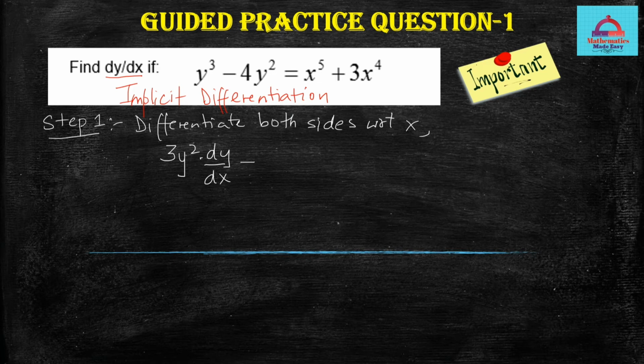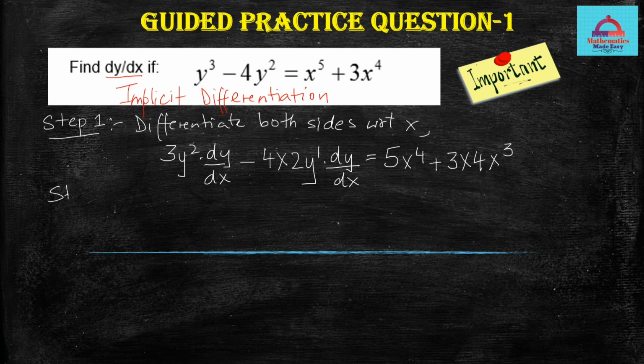Next we have 4y square, so 4 will be as it is being a constant, 2 will come down, power reduces by 1 and again you have dy by dx. On the right side both the terms have the variable x, so it is going to be pretty easy. We just go for the power rule and then add them both to get to this step. So this was step 1 of the question.